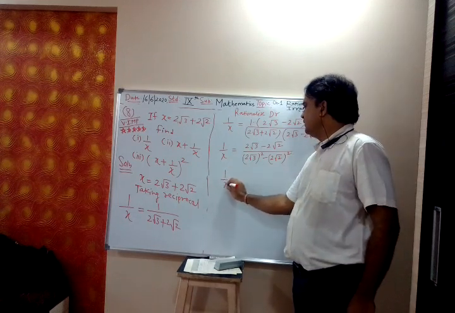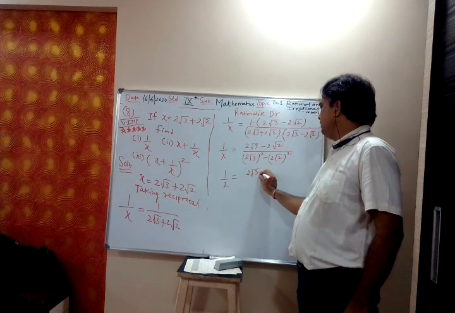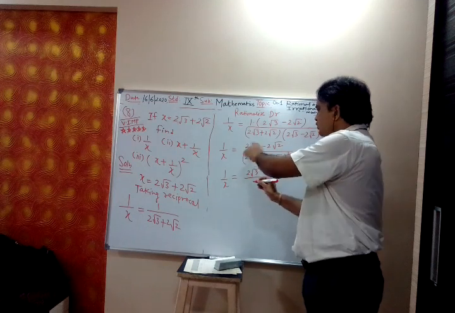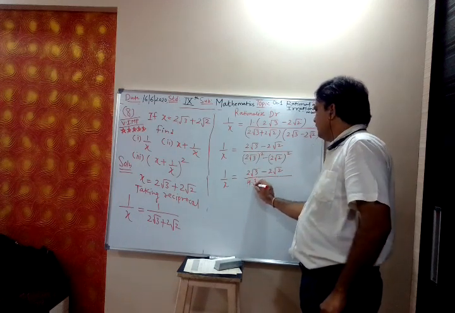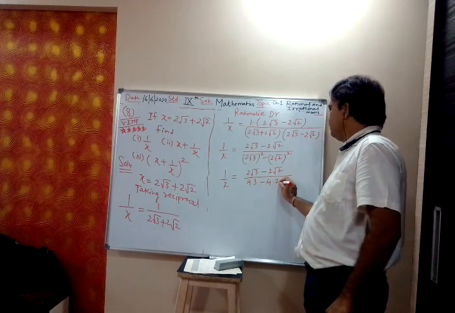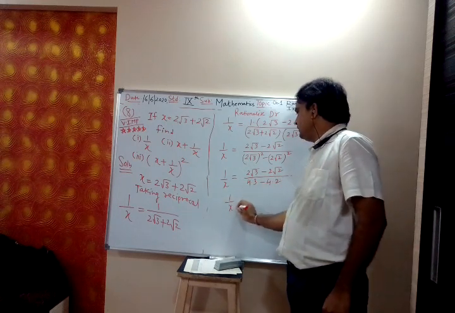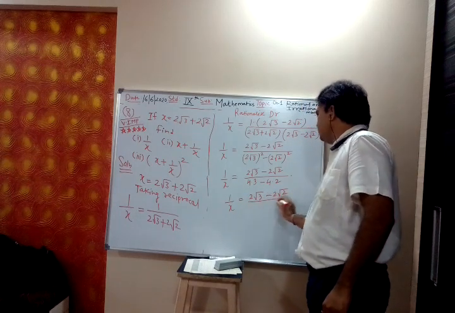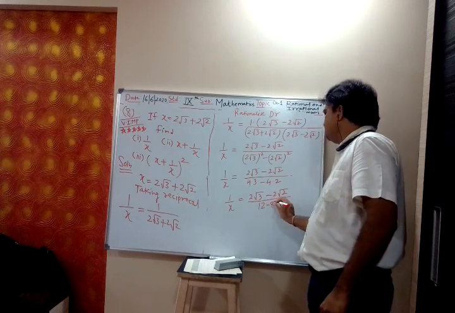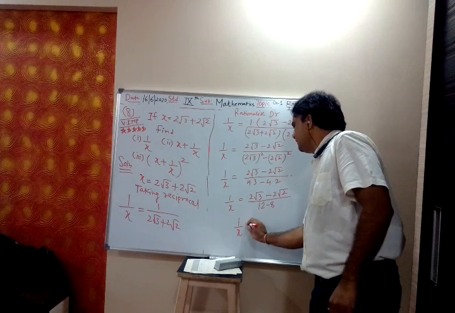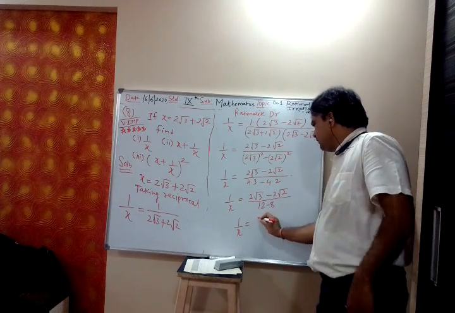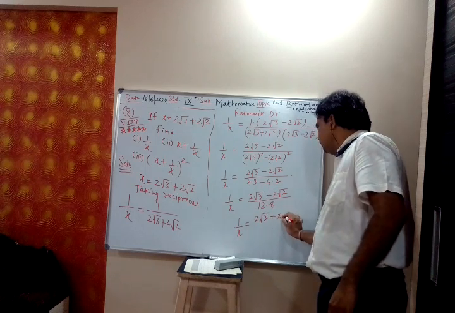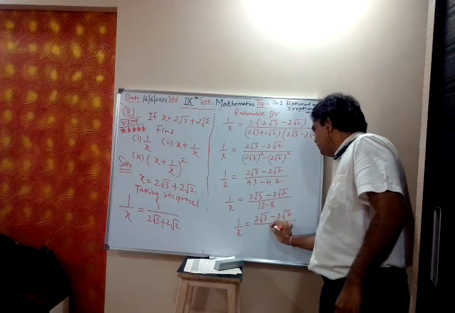So 1 upon x is 2 root 3 minus 2 root 2 upon 2 square is 4, 4 into 3, minus 4 into 2. So 1 upon x is 2 root 3 minus 2 root 2 upon 4 into 3, 12, 12 minus 8, is 4.